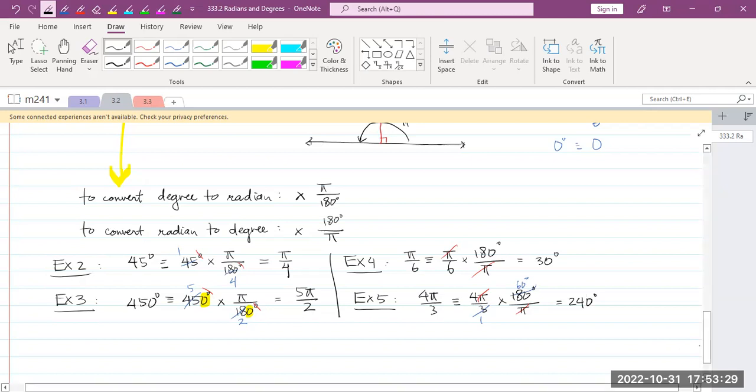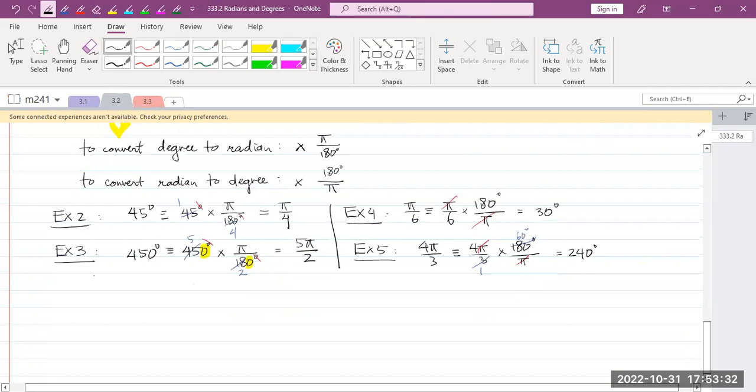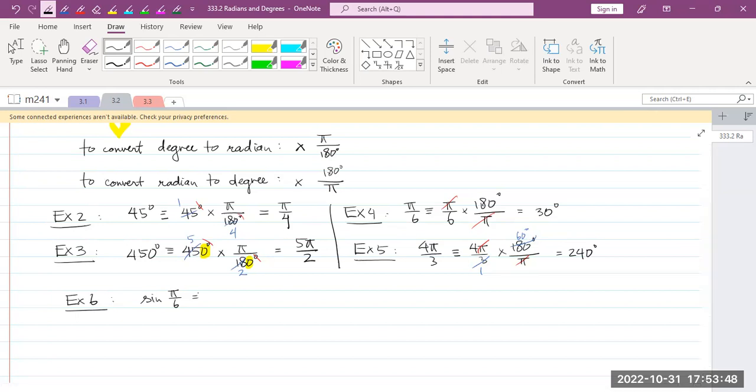Okay. Example 6. How do we compute, for example, sine pi over 6? Now we know pi over 6 is 30 degrees. Try your best from now on to think from the radian point of view. You can write it this way, of course.